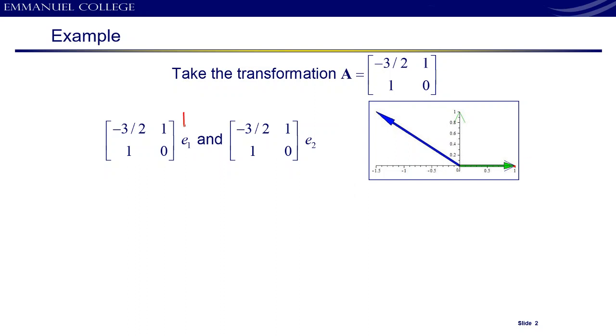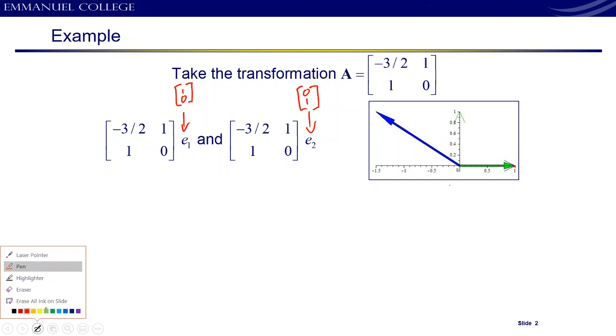Remember, E1 is your standard unit vector: E1 is (1, 0) and E2 is (0, 1). So let me erase this. E1 starts where the blue dot is over here, because it's at (1, 0).